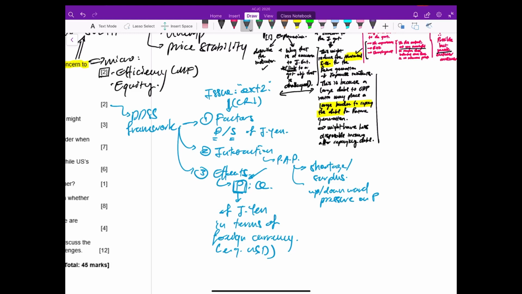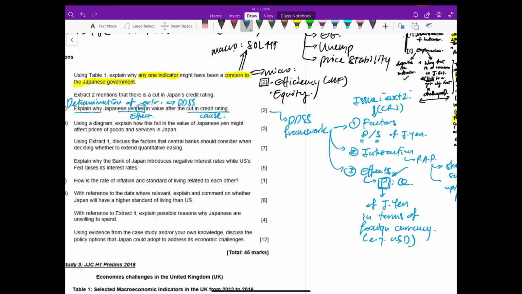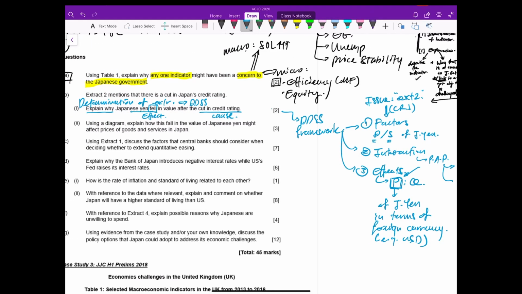And even before we have read anything in the extract, just from the question, we can identify this framework already, right? So take note, this question is 2 marks, and they don't ask for a diagram. So do you need to give a demand-supply diagram? No, because they don't ask, you're not given any marks for it, and it takes quite a bit of time to draw the diagram. So in my opinion, I wouldn't go ahead and draw the diagram at all.